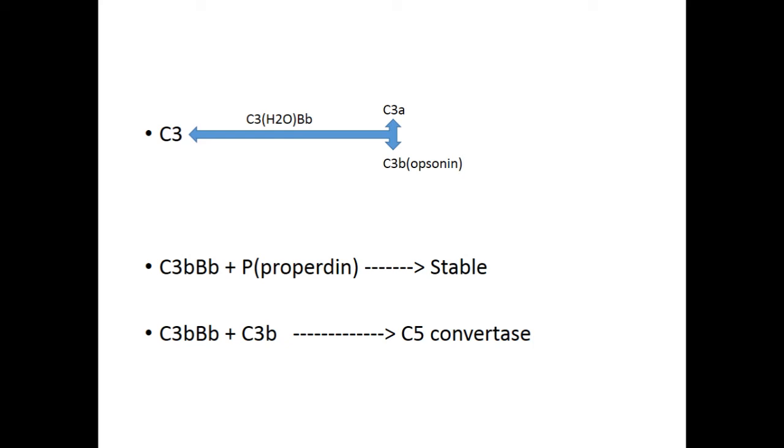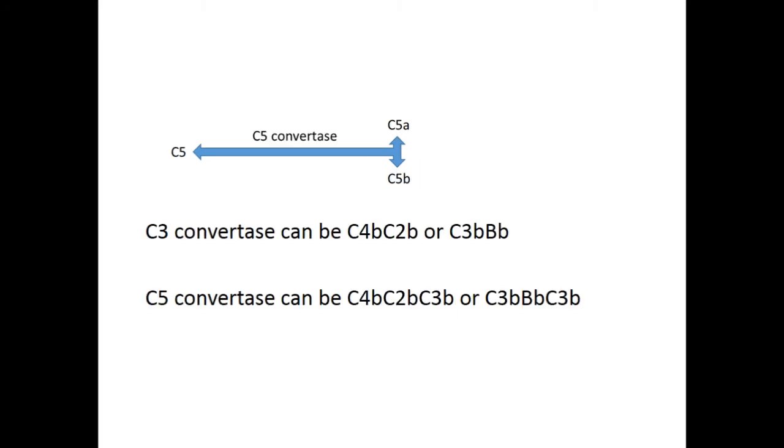The stabilized C3bBb can attach to another fragment of C3b, and that can form a complex called C5 convertase. So again we have different convertases here. In the case of the alternative pathway, it is C3bBb C3b. Okay, it's getting confusing.